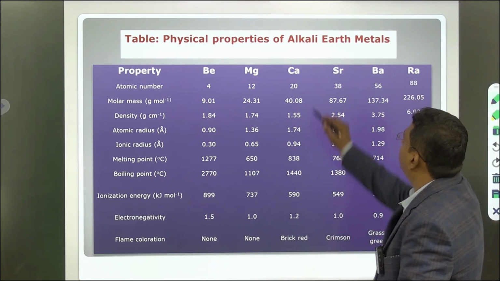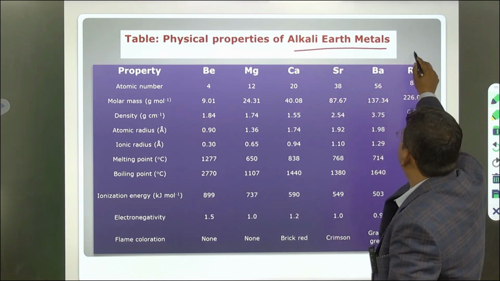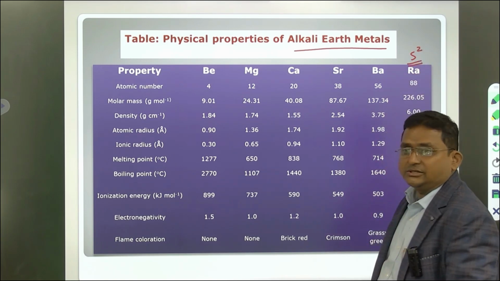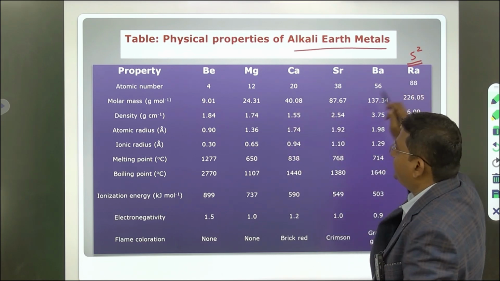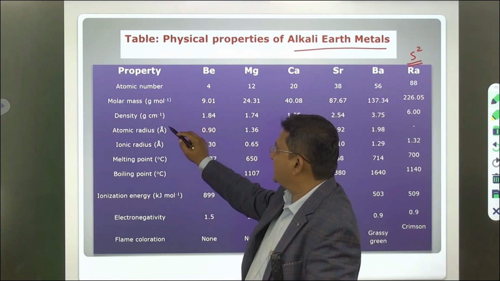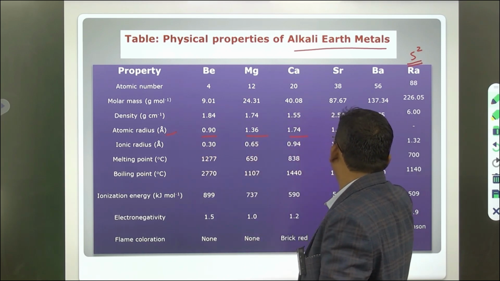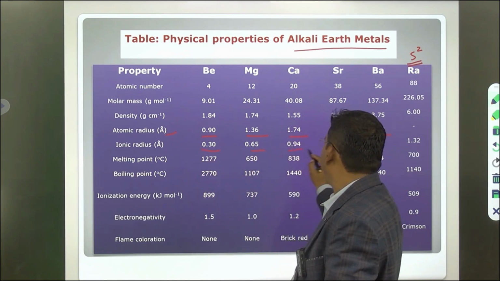Here are the physical properties of alkaline earth metals, where the electronic configuration of the last orbit is s2. This is the atomic number, this is the molar mass, density, atomic radius. See, the radius increases and ionic radius also increases.